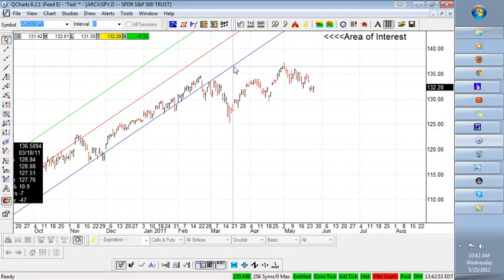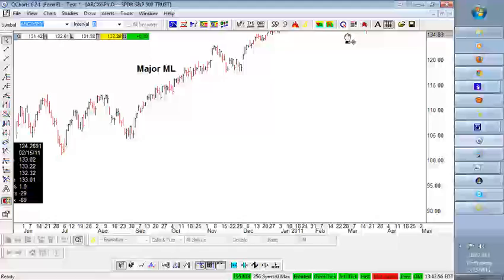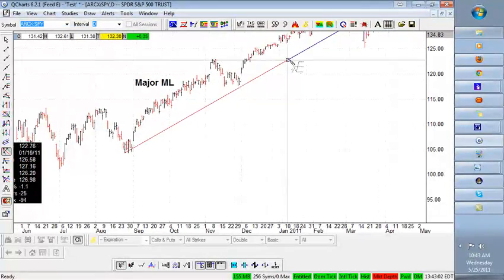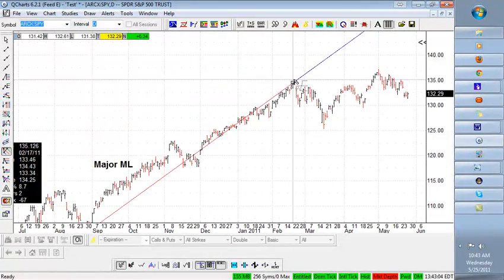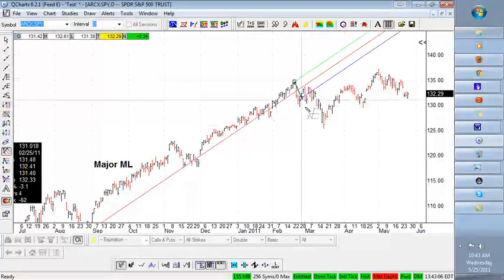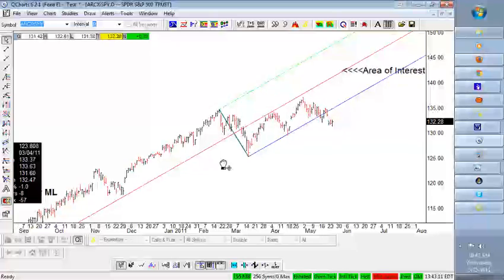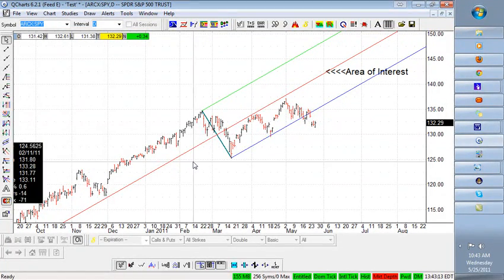And what you'll find is that at this point in time, you have this here as the pattern in your SPY.